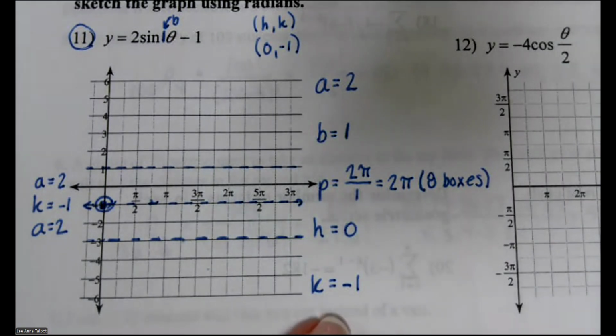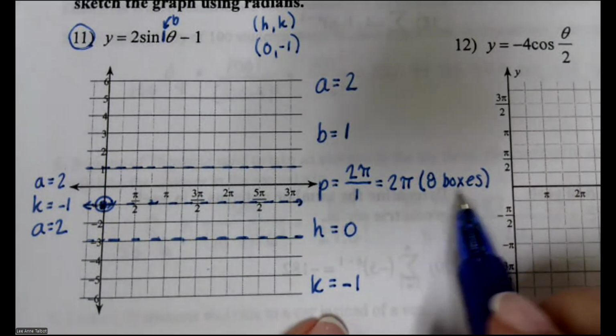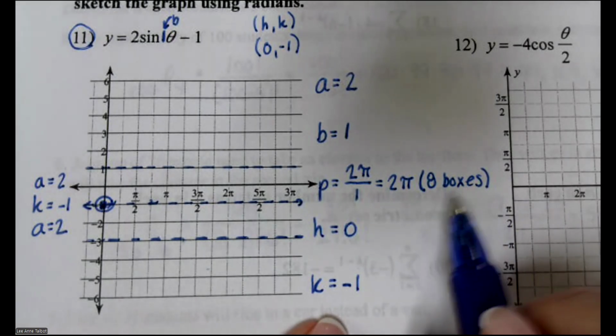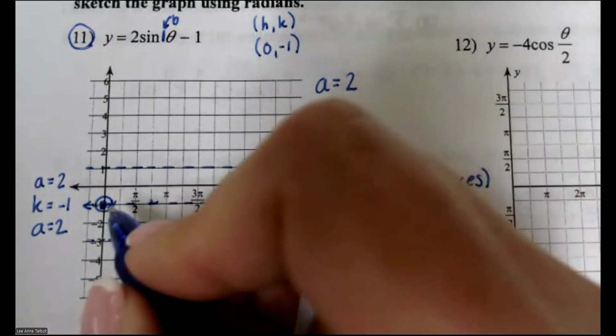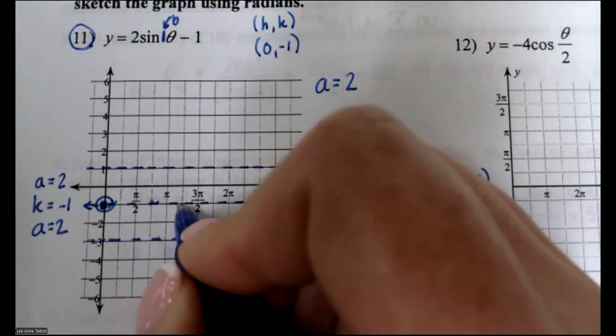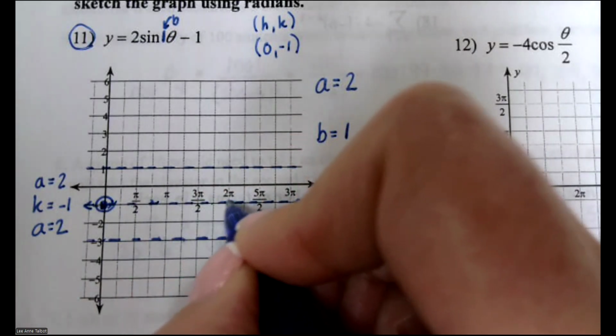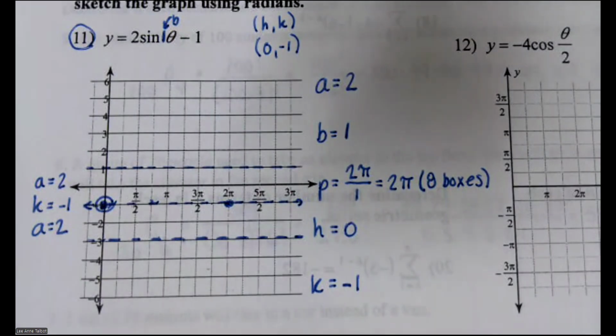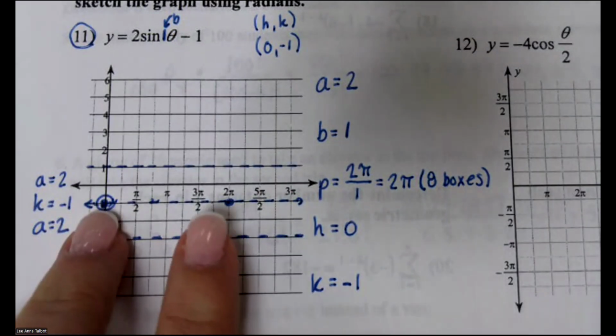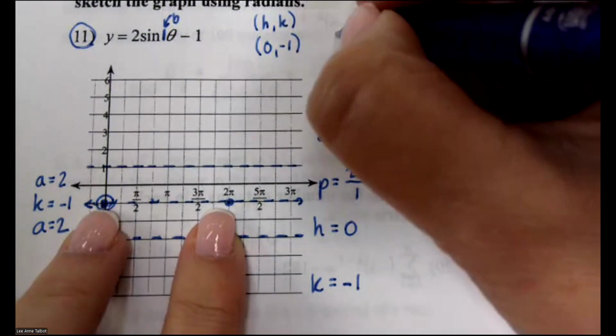Okay, then I'm going to make my end dot. My end dot is going to be 8 boxes away from my starting dot. 1, 2, 3, 4, 5, 6, 7, 8. Starting dot, end dot.